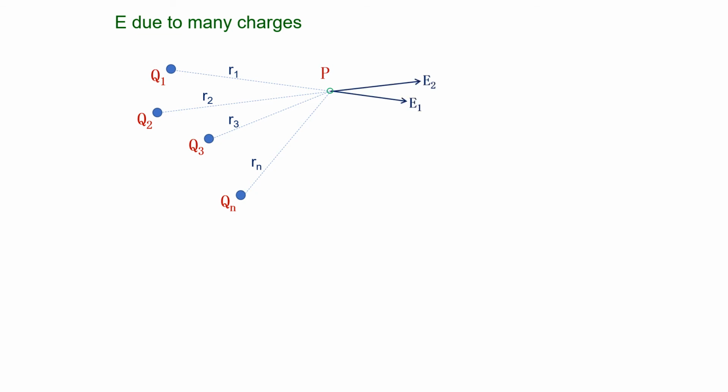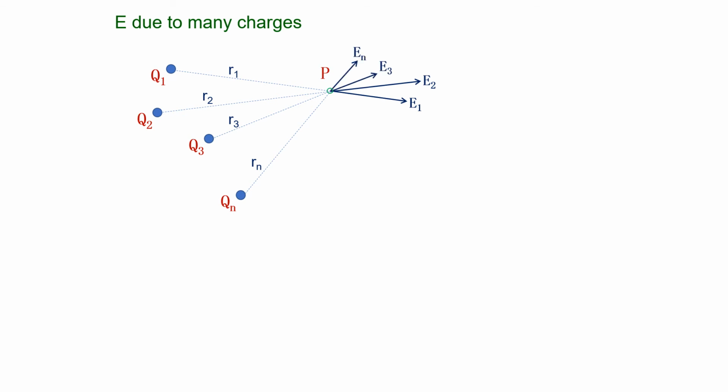We will understand the electric field intensity due to multiple charges. You have here n charges which are at distances of r1, r2, r3, and so on to Rn from a point P. Due to Q1, E1 is away from Q1, E2 away from Q2, E3 away from Q3.